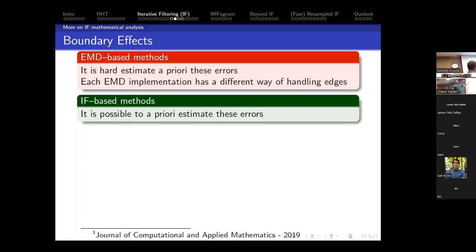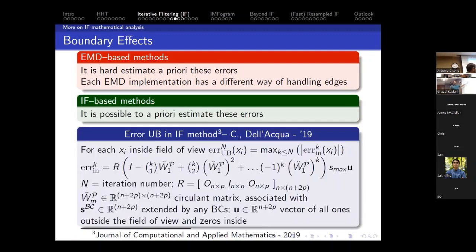With iterative filtering, instead, you can. We were able to derive a simple formula. I mean, it looks ugly, but it's really simple, and given a certain IMF and the number of iterations you're going to apply, it tells you how much the error propagates inside your decomposition due to certain errors at the boundaries.